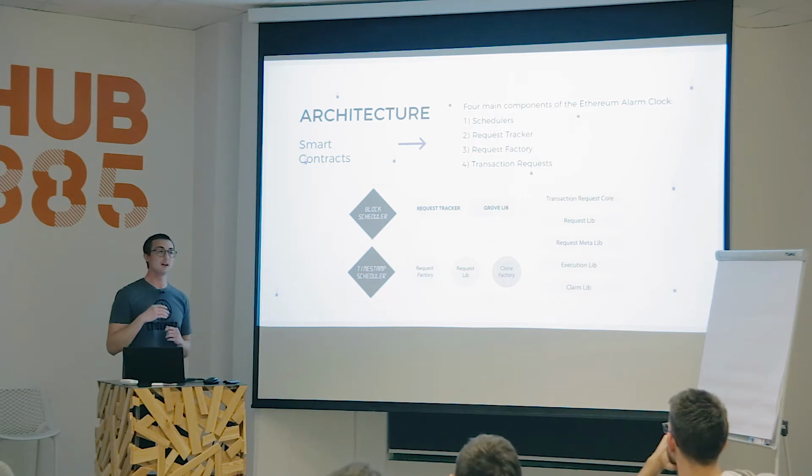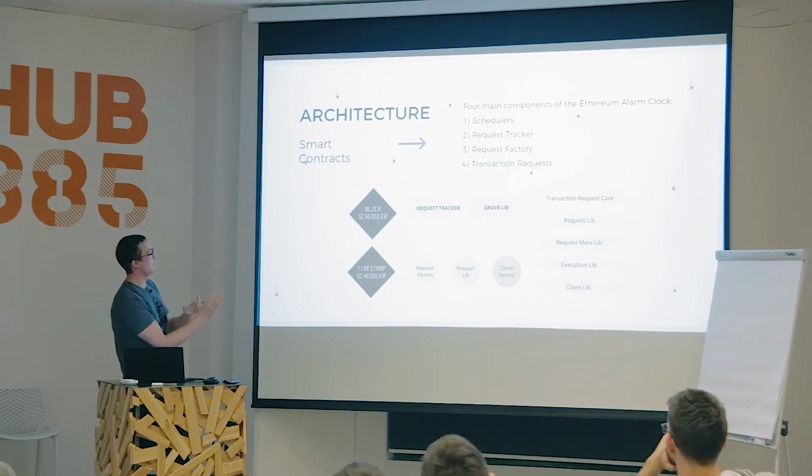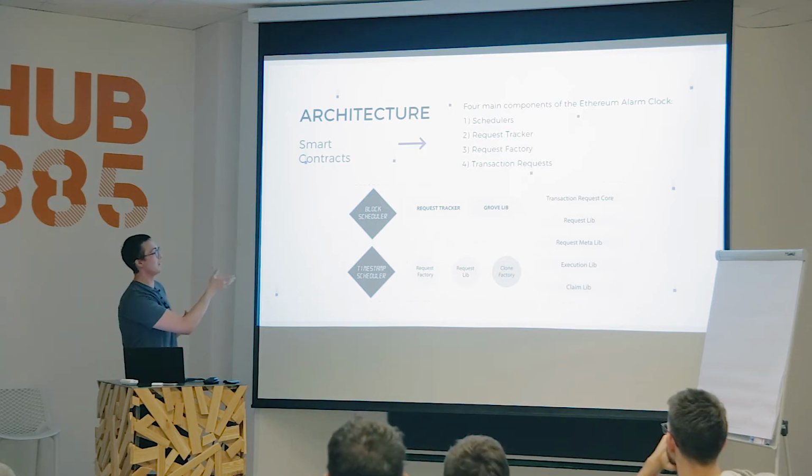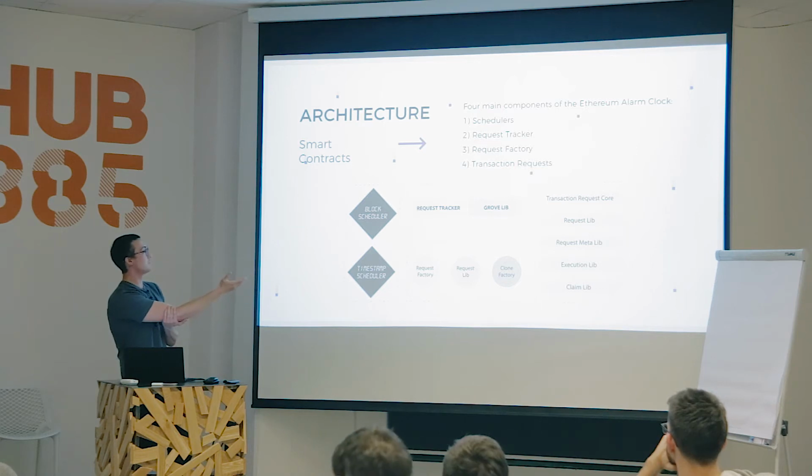We have what's called transaction request core there, because what actually happens is each transaction delegate calls to this central contract and takes all the logic from there. So that's why that one's called core. And then we have, on the other end, the schedulers, which are the contracts that users will be talking to. And these are the ones that deploy the transaction requests.